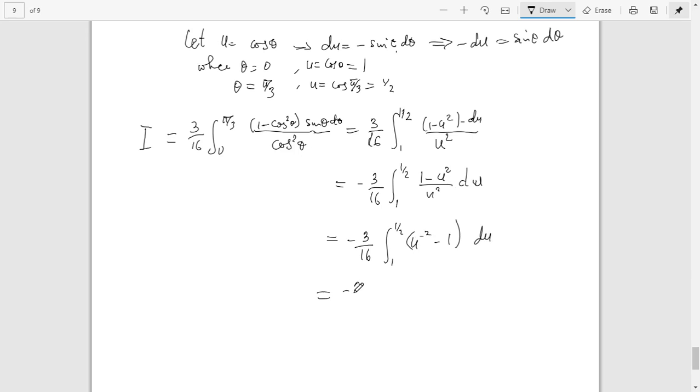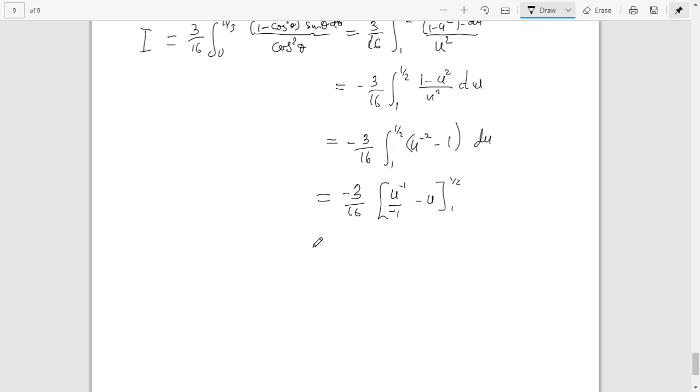I can evaluate that integral very easily to get u to the minus 1 all over minus 1, minus u, from 1 to 1/2. Another way to write this is: negative 1 over u minus u from 1 to 1/2.